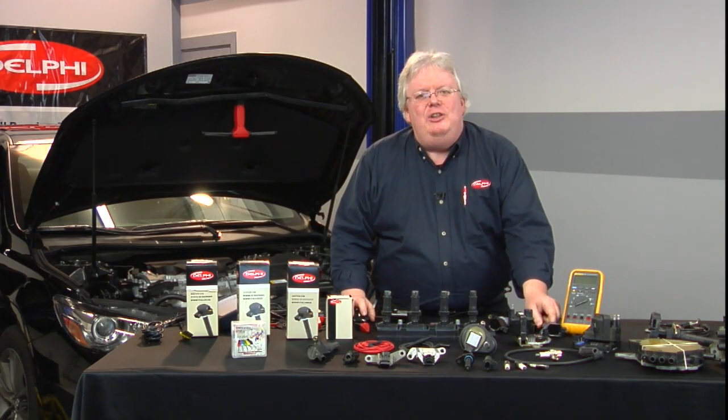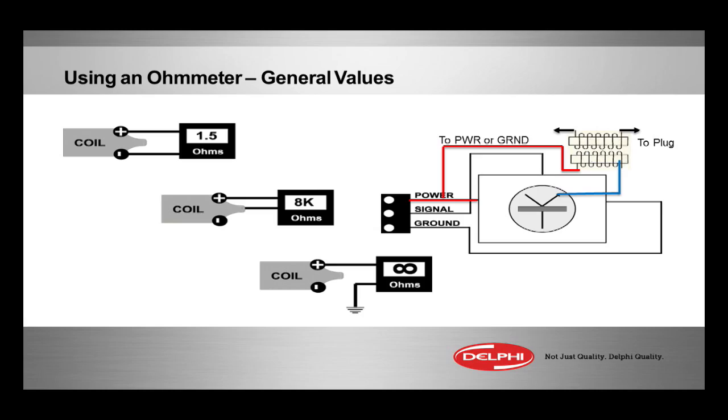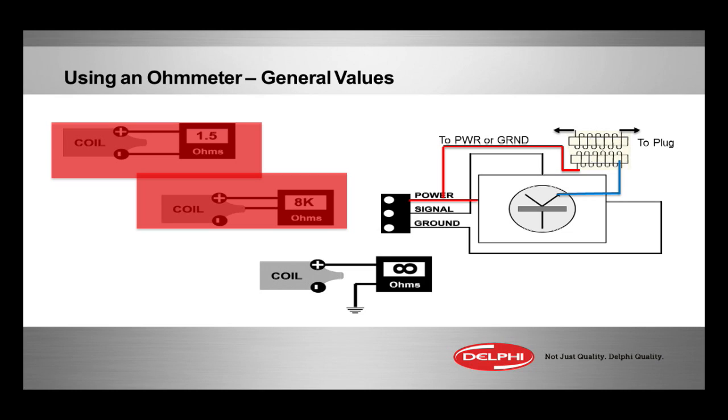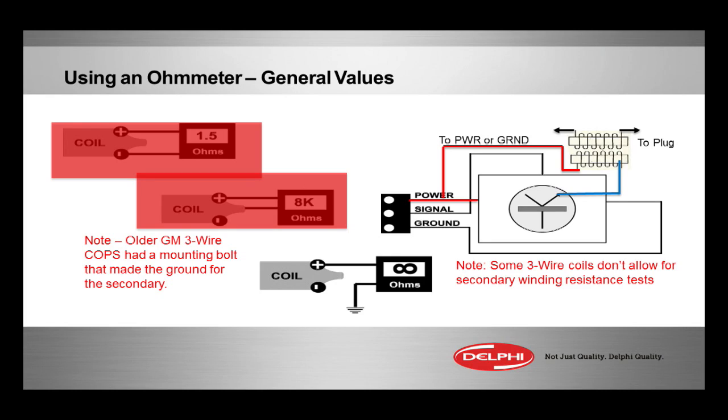You can't get to those with your meter, therefore you can't measure that primary winding or, in many cases, the secondary winding either, because that's all secured internal with electronics and sometimes blocking diodes. So the old GM 3-wire C.O.P.s, sometimes a mounting bolt made the ground that was there for you, and other times you could measure resistance between at least secondary and one of those terminals.